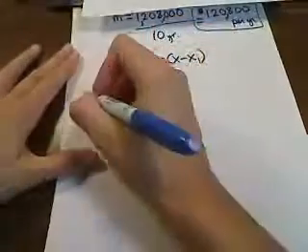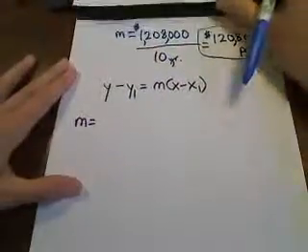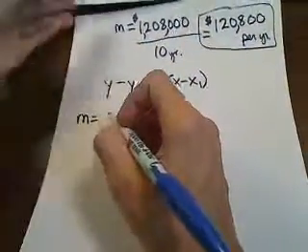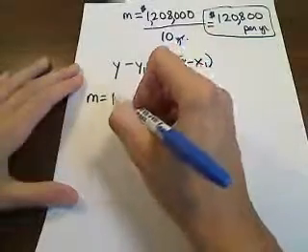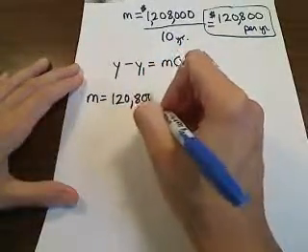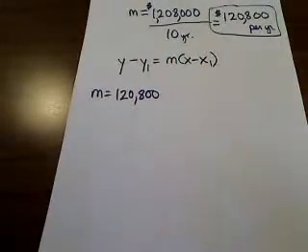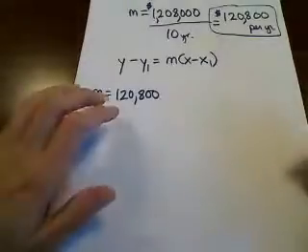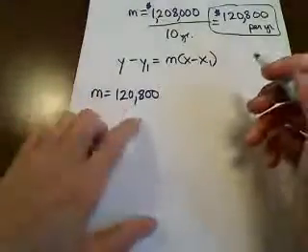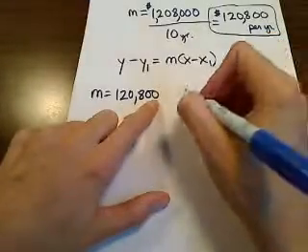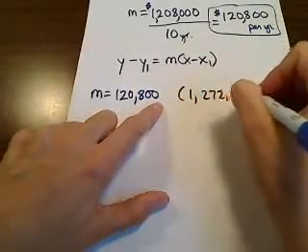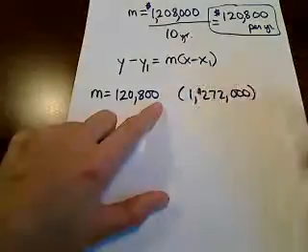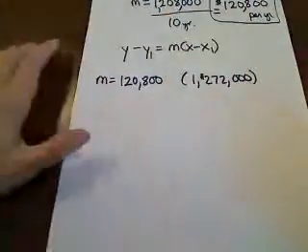So we're plugging in a slope of 120,800, and our x1, y1 point was 1 and 272,000.